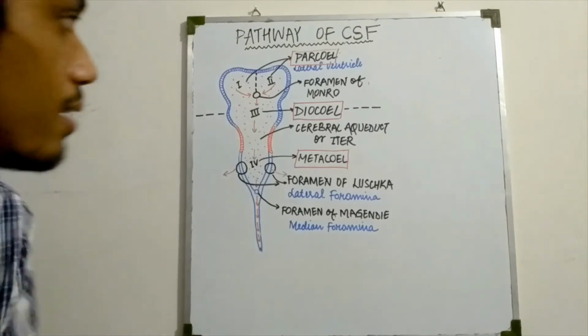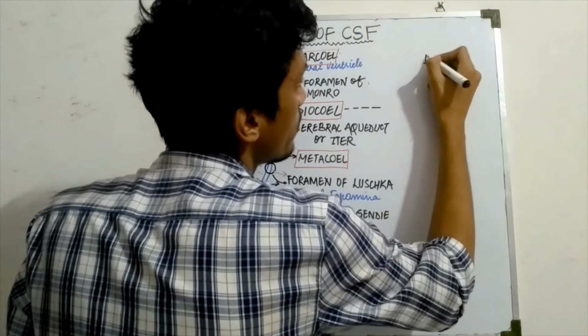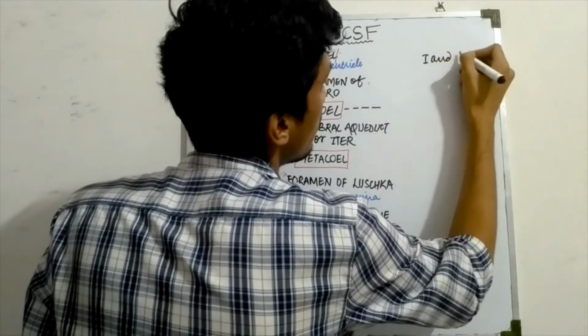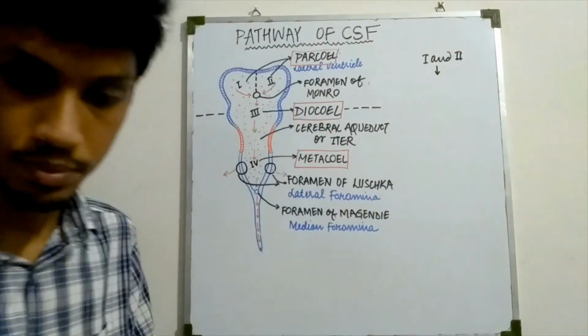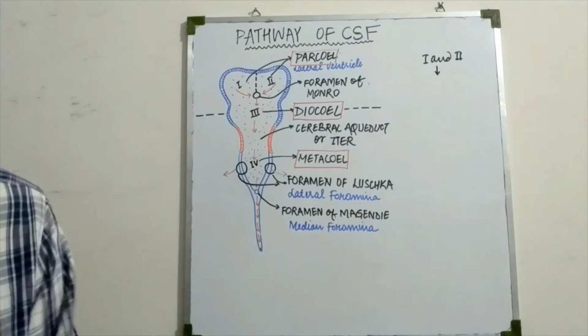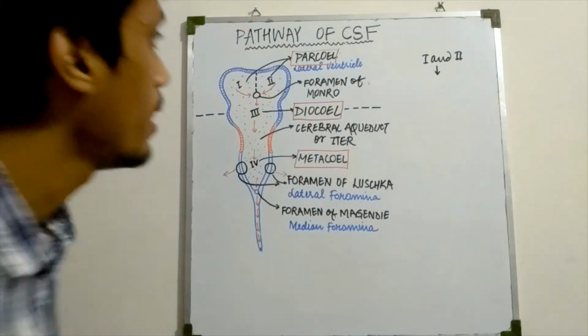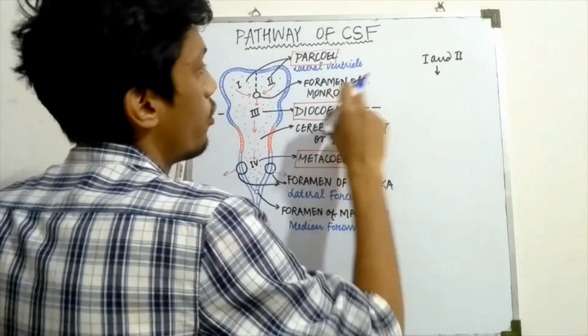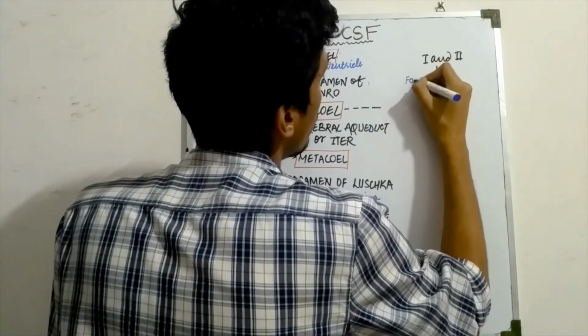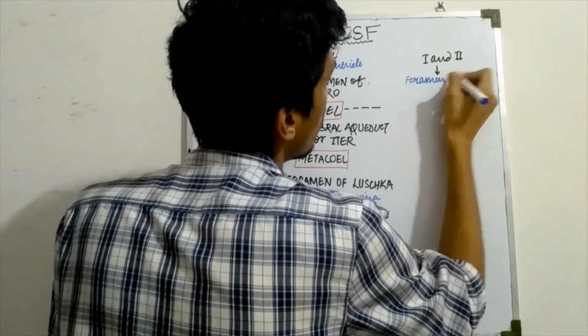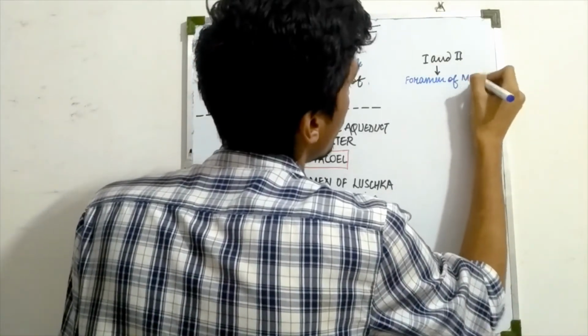So the flow chart starts from the first and second ventricles. From the first and second ventricle, there is the foramen of Monro.